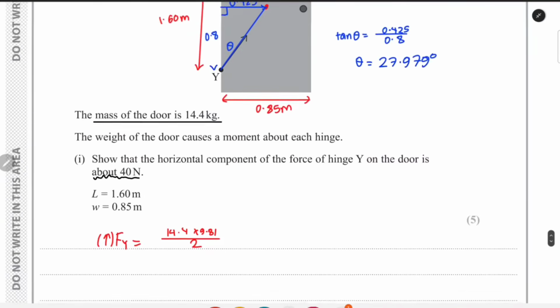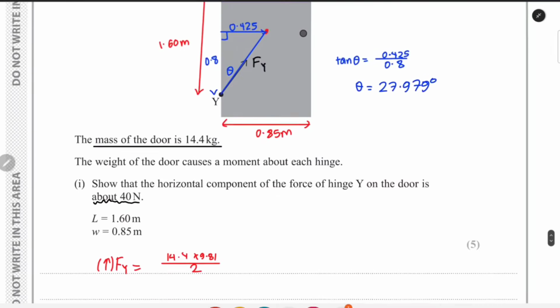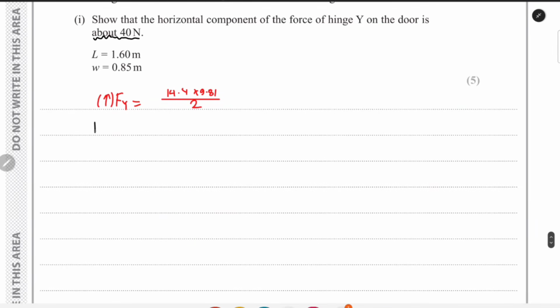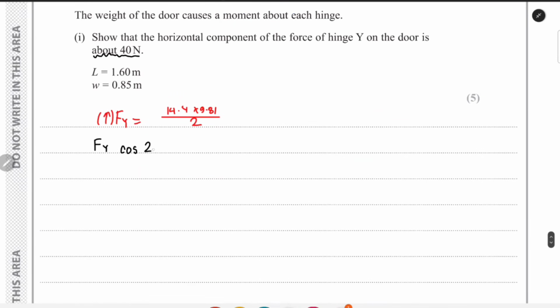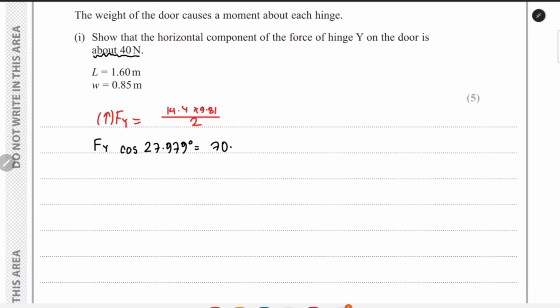Force on Y, if this is force by Y, the vertical component of that would be Fy cos theta. So Fy cos 27.979 will be 70.632.